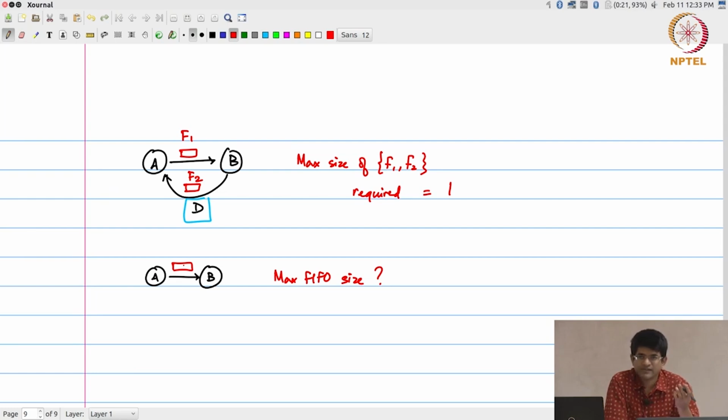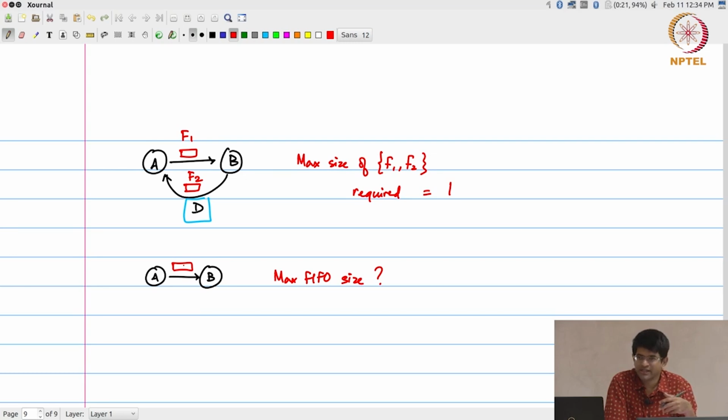In other words, because there is no dependency as such on A, it is capable of generating outputs as and when required, but if I don't put some kind of a physical limitation on how much data it can store, then I am most likely going to run into problems by having a FIFO overflow at some point, okay? So this is an example where the data flow graph or the network by itself does not impose a limitation on the size of the FIFO, or at least does not tell you anything about what should be the maximum size, okay? It does not bound the size of the FIFO, right?